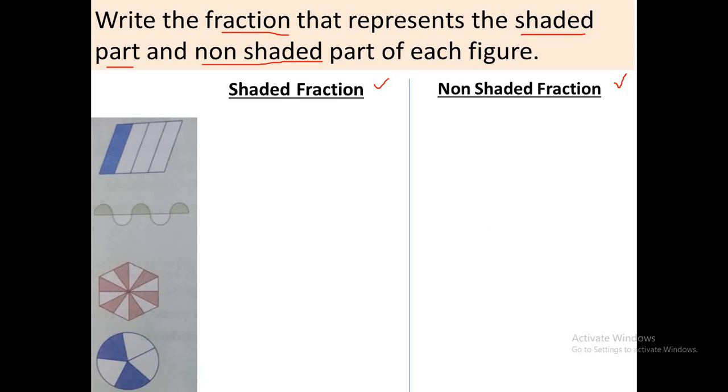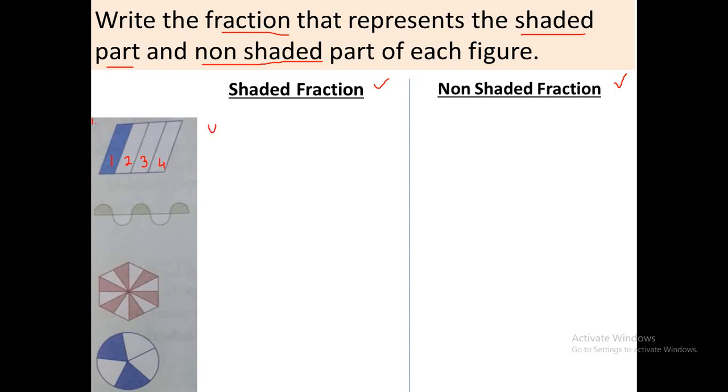So look at the first figure. Here this figure has been divided into some equal parts. How many equal parts? 1, 2, 3, 4 equal parts. Now how to write it in fraction? In the last class I have already explained how to write fractions. In fractions we have 2 parts, right?